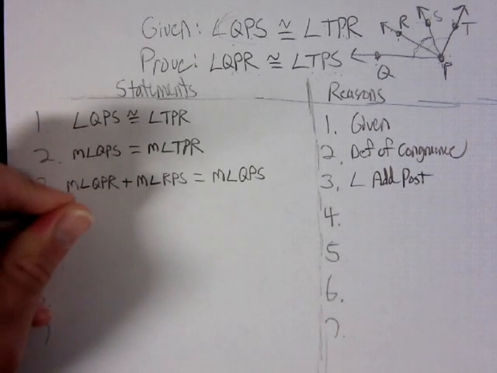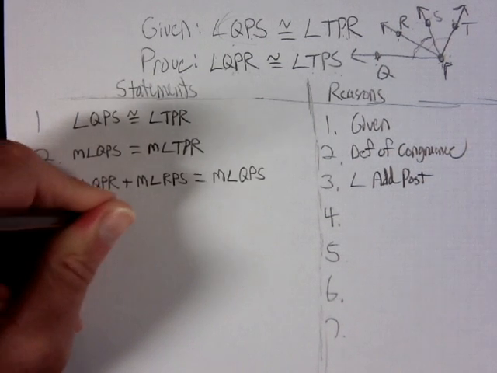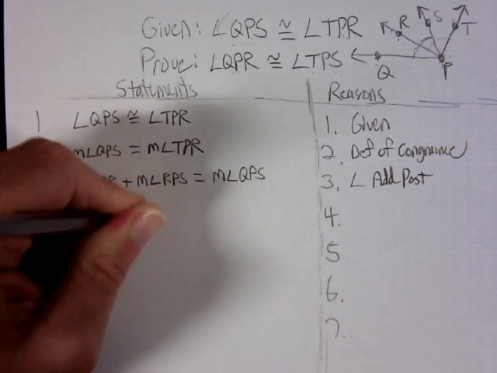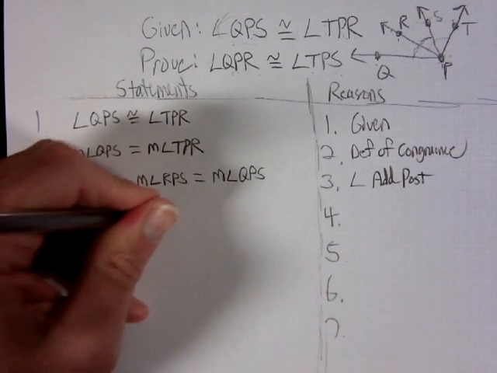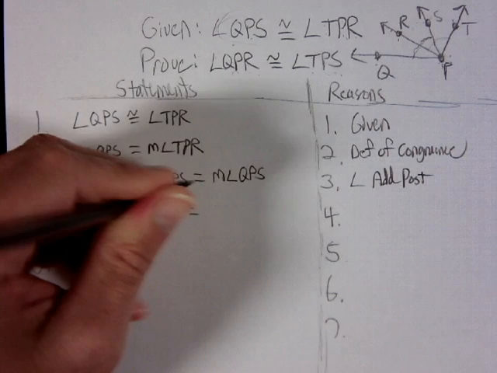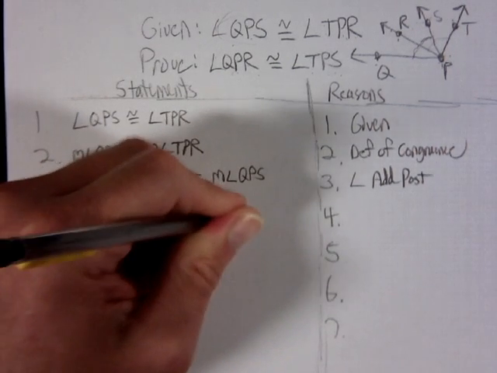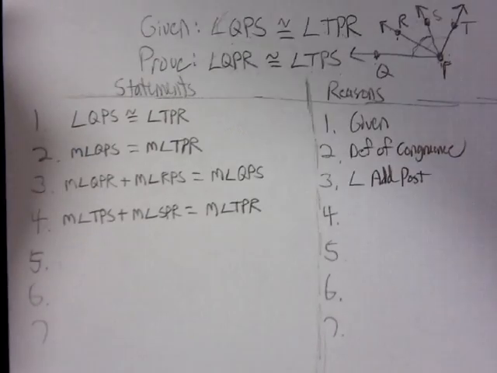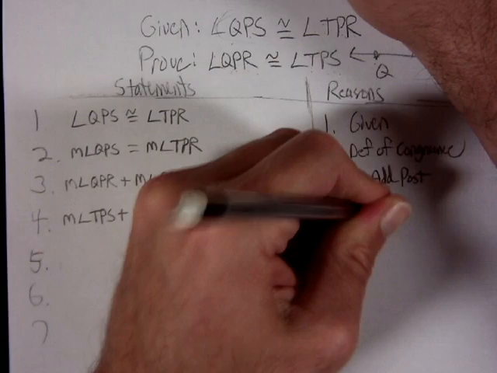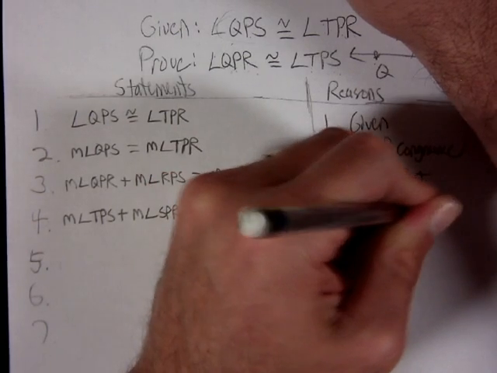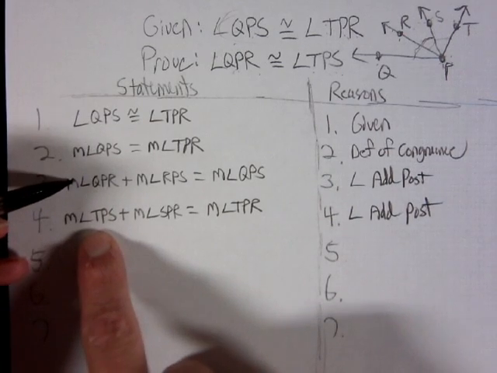Measure of angle TPS plus measure angle SPR equals the measure of angle TPR. And once again, that is also by the angle addition postulate. Okay, so now I've got the two pieces that I want in my proof.